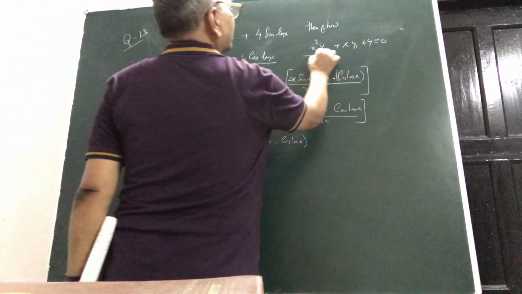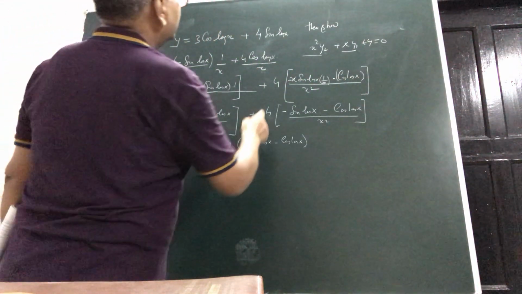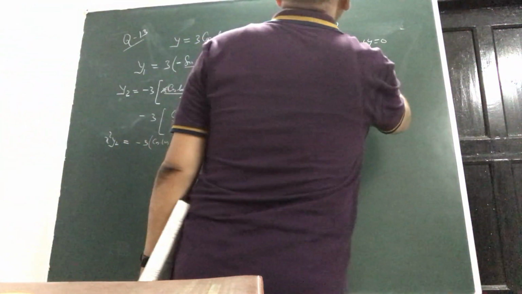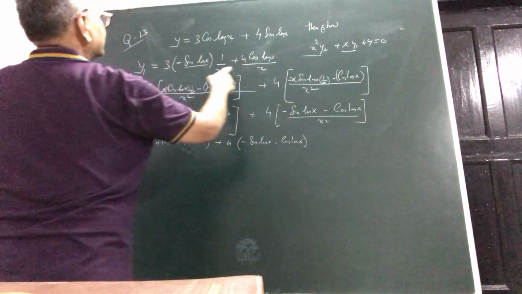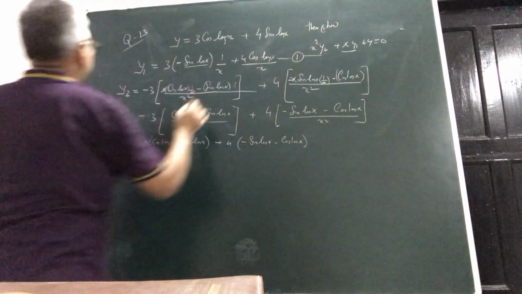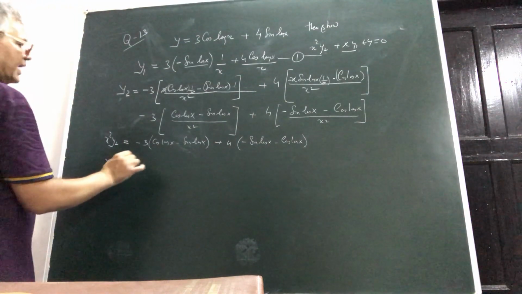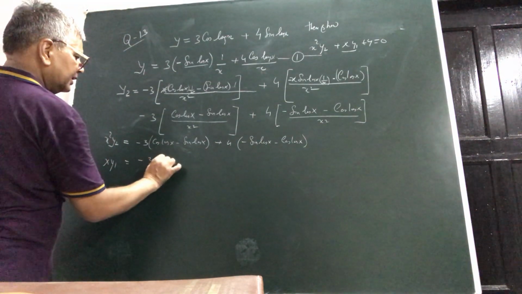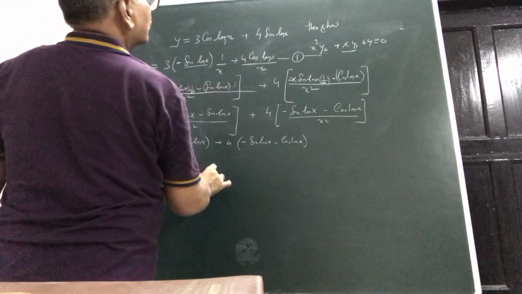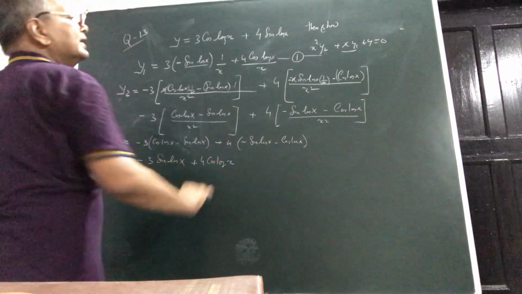Now x square y2 you have already gotten, now x y1. Let us see what we will get by obtaining x y1. If you multiply this equation, only this much of a thing is coming. So from equation 1, x y1 is equal to minus 3 sin log x plus 4 cos log x, and then plus y.